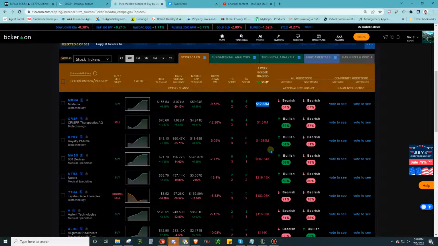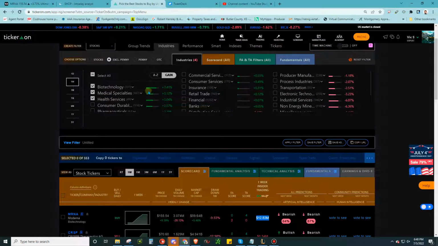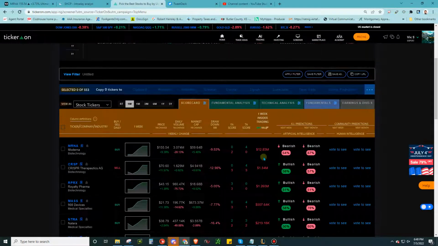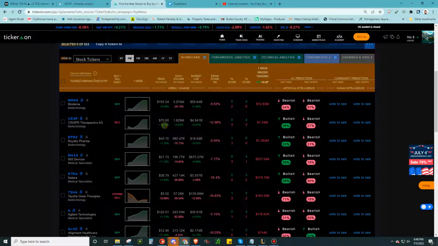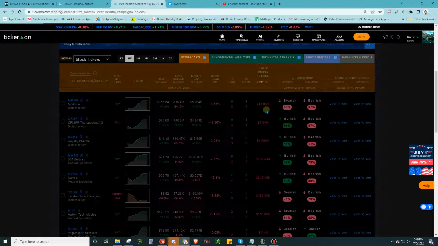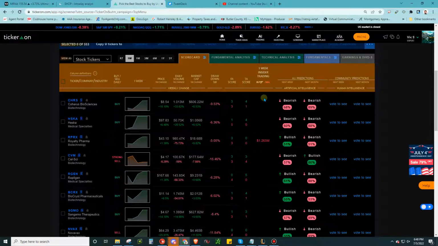So interesting. We're looking at positive performance here in the last week, yet there's insiders selling. So this is very interesting. CRSP, this stock did very well in the last week, 11%, but there's insiders selling. I don't see any buying in these sectors here. In fact, when I sort it by buying, highest buyers, it actually comes up with a sell.